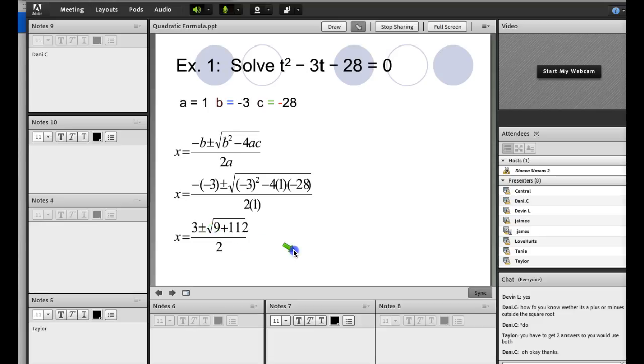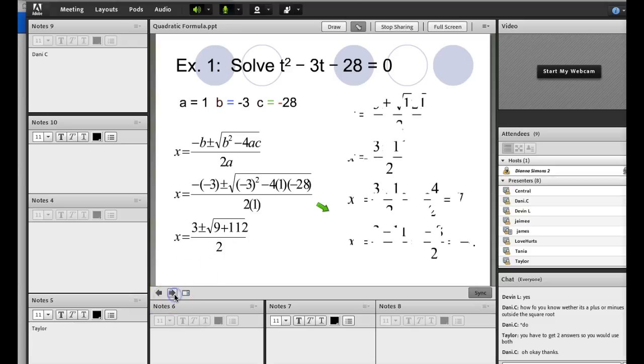So, if you know where to put all these numbers, but you can't do the math under the square root in your head, what are you going to do? Absolutely. Calculators, I have not a problem with anybody using a calculator. I do it a lot. Okay, so add 9 and 112 and we get 121.